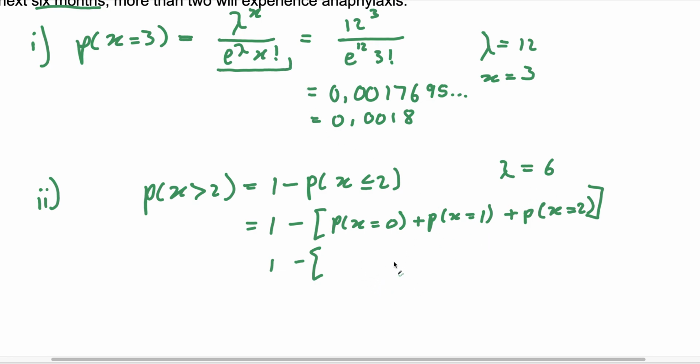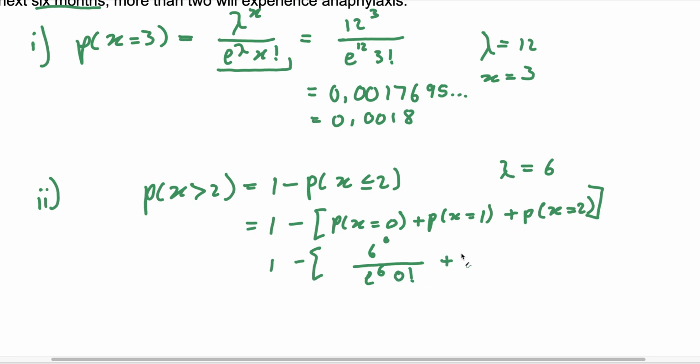We know that our lambda is 6. So 6 to the power of 0 divided by e to the power of lambda, which is e to the power of 6, and then x is 0, so it's 0 factorial. That would just come out as 1.